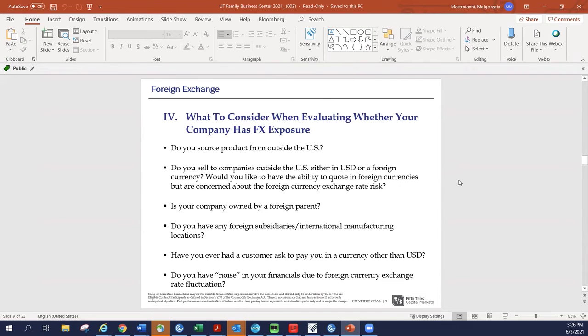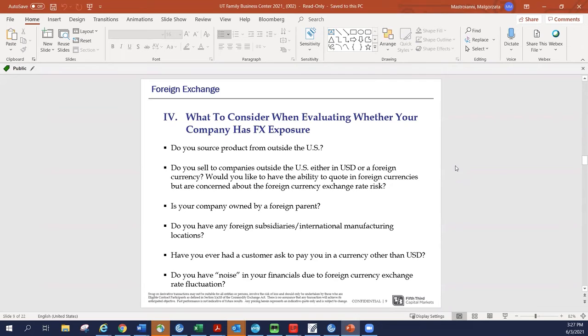Now, when you evaluate whether you have foreign exchange risk, what should you think about? If you have cross-border transactions, you are definitely exposed to foreign exchange risk. If you have manufacturing locations outside of the United States, if you have employees outside of the United States, if you have a foreign parent, if you have foreign loans, if perhaps you might be talking to a potential client who is outside of the United States who wants to get invoiced in their local currency.